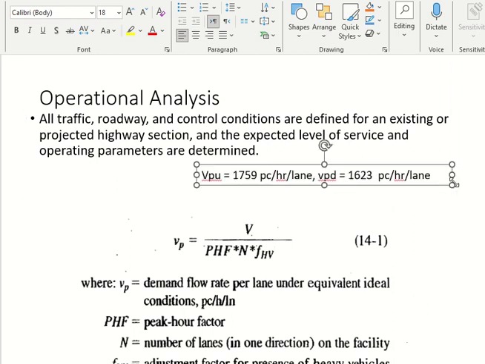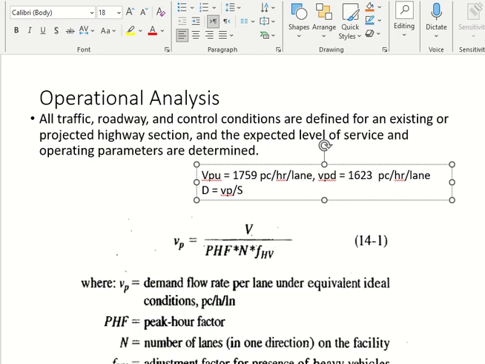Okay, they are asking for level of service. Level of service needs density. Density equals Vp upon S. Vp we have. I need to decide about S. Which speed do I have already? Free flow speed.